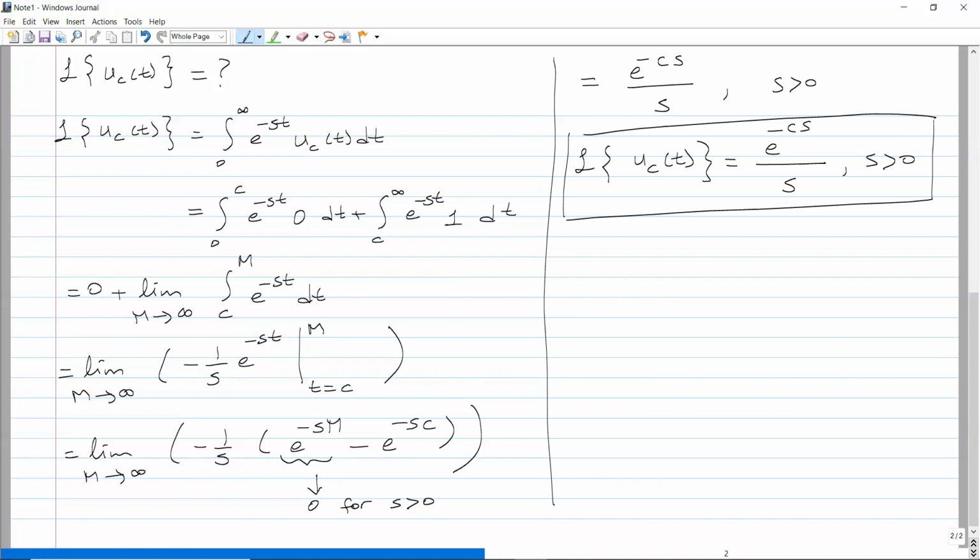Now, of course, to treat all the other partially defined functions, we need to figure out the Laplace transform of a unit step function multiplied by another function, say h of t.